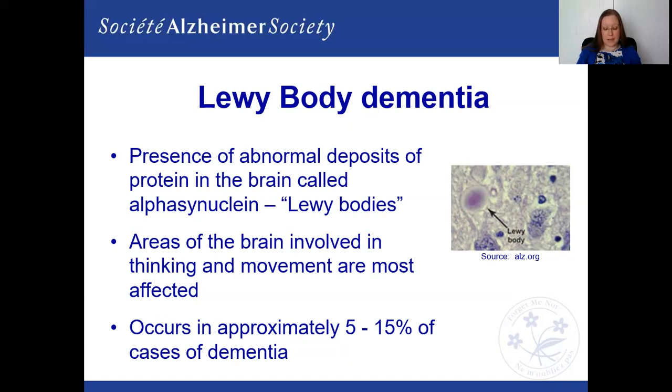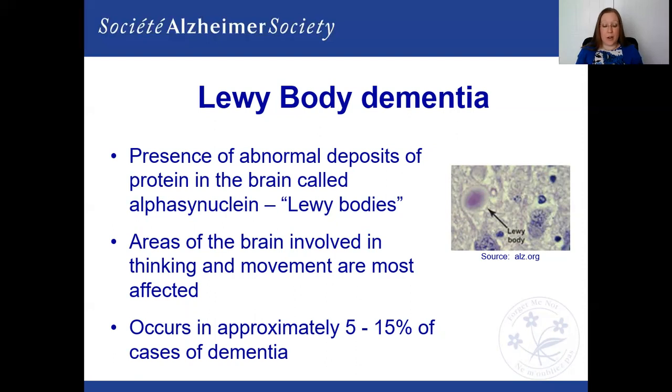And the process that leads to the formation of Lewy bodies is really unknown at this time. But what the research is telling us so far is that the areas of the brain involved in thinking and in movement appear to be most affected in this particular type of dementia.